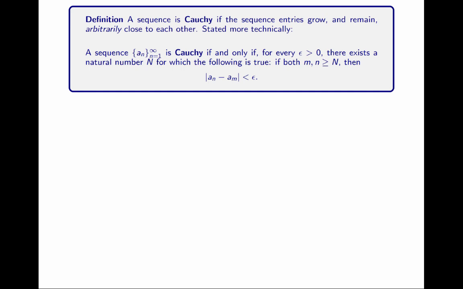The for all positive epsilon, that's the arbitrarily criteria, there exists a natural number N for which the following is true. If both little m and little n are greater than or equal to big N, then the difference between such sequence entries in absolute value is less than epsilon.